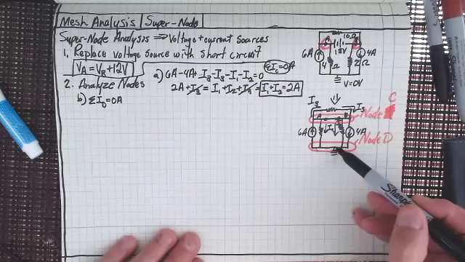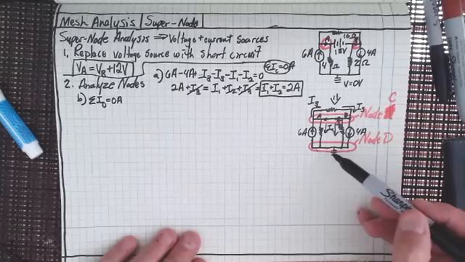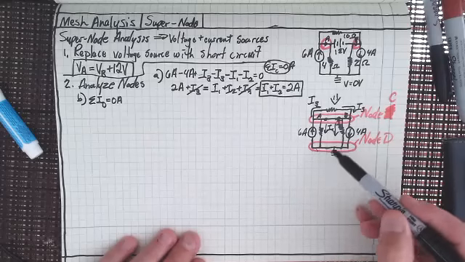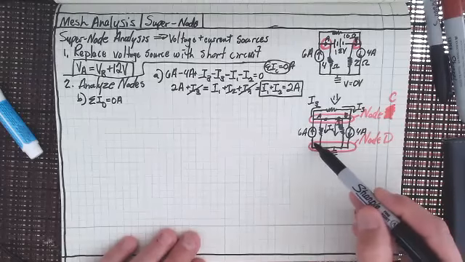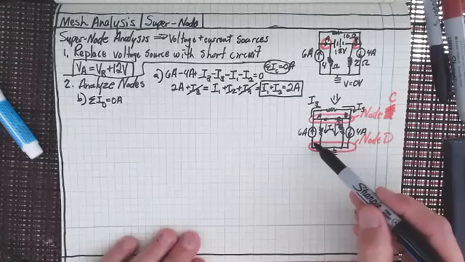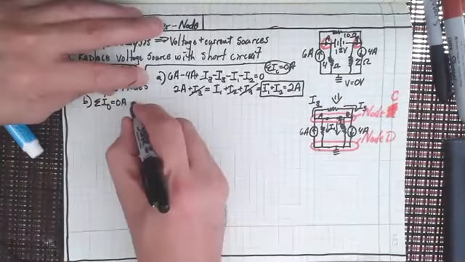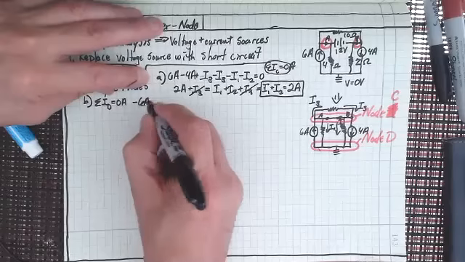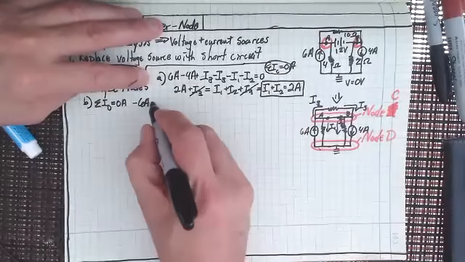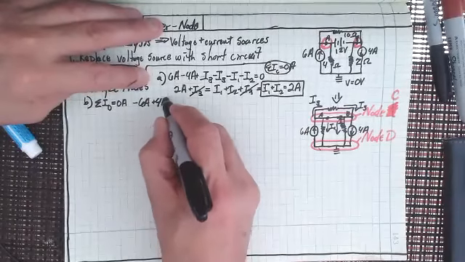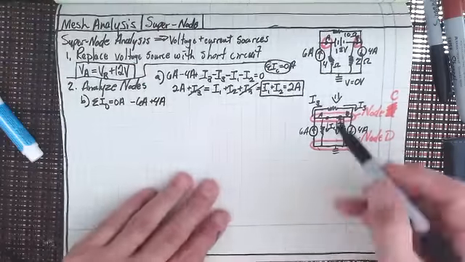There may be current flowing in or out of whatever, but I have my currents here. So my current flowing in or out is going to be 6 amps. Let's do that. So minus 6 amps. I've got 4 amps that are flowing into that, right?